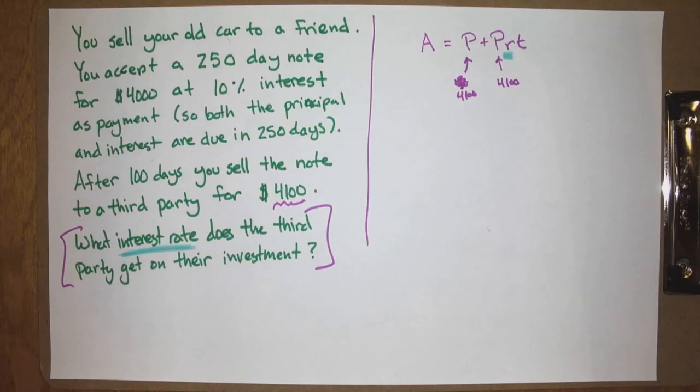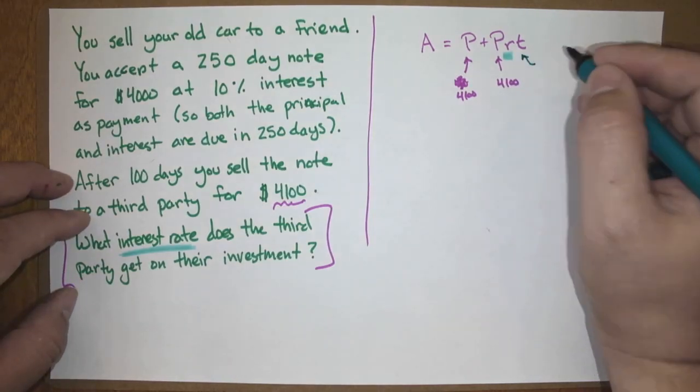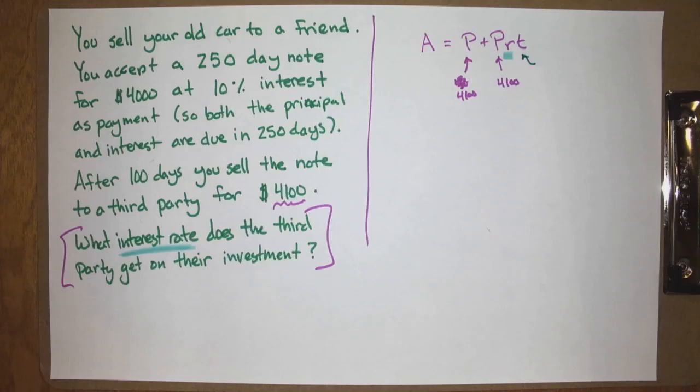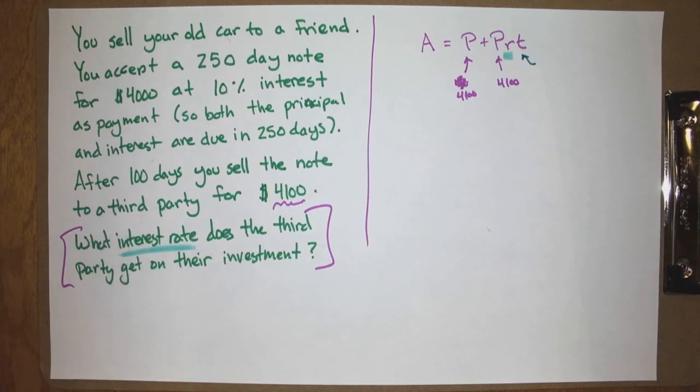T. So how much time will the third party have to wait? So be careful. It's a 250-day note, but they bought it after 100 days. So how much time until they get the money? 150.